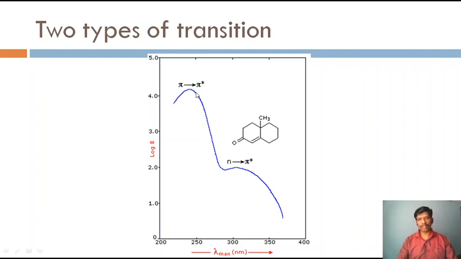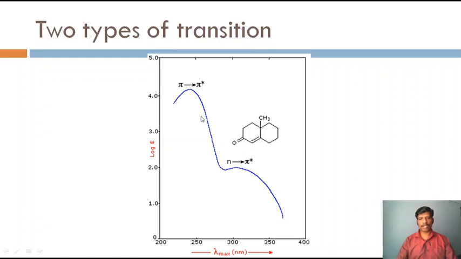If you take this molecule, you can also work out the Woodward-Fieser rule for this. The alpha beta unsaturated carbonyl is the chromophore that gives this transition. Here you can see the n to pi star transition is due to the electron present in oxygen going to this pi system.